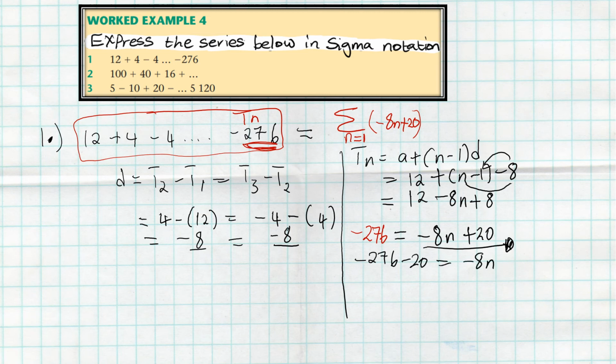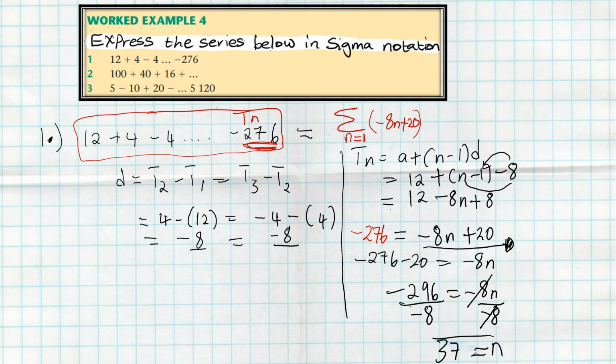Minus 276 minus 20 is minus 296. Minus 296 equals minus 8n, divided by minus 8 on both sides. Then our n is going to be 37.